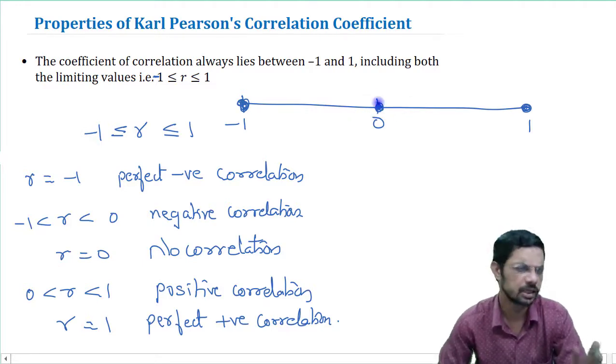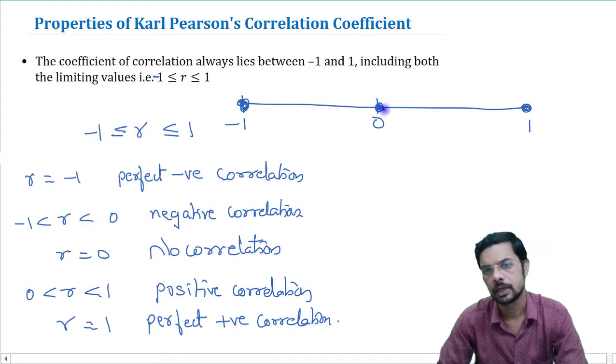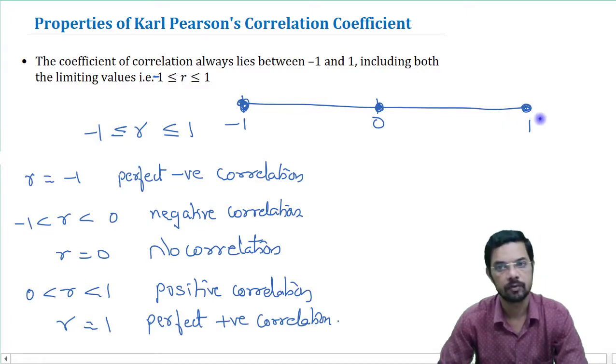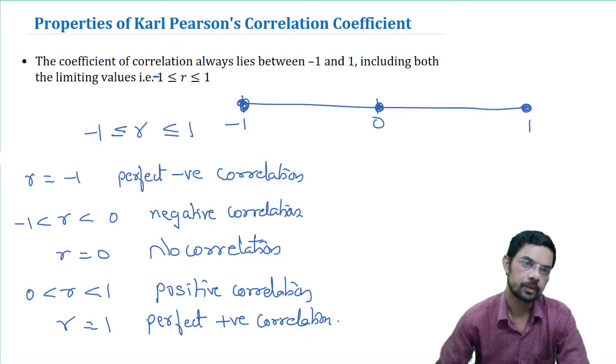If it is 0, we say there is no correlation. If it is greater than 0 but less than 1, we say it is a positive correlation, not perfect yet. But if it is equal to 1, we can say it is a perfect positive correlation.